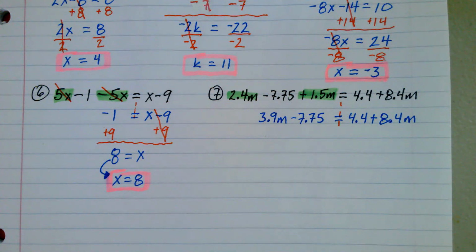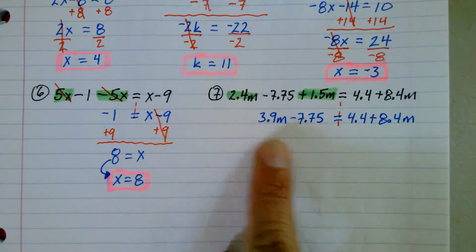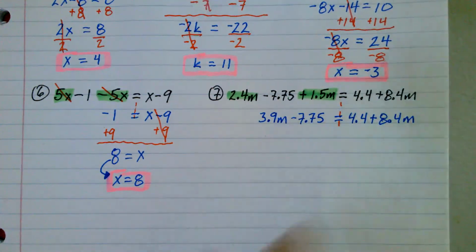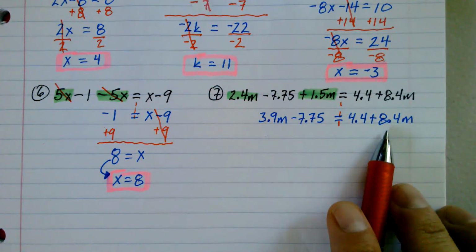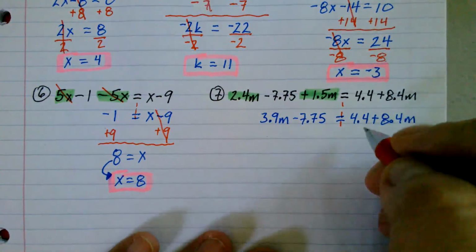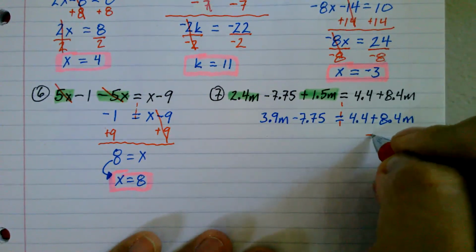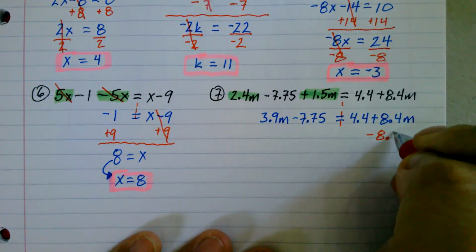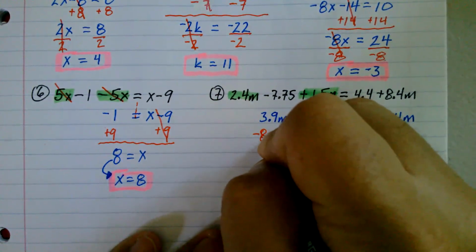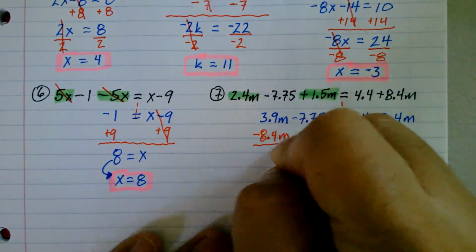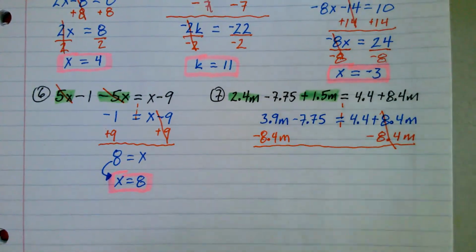Okay. So now, nothing to combine here, nothing to combine there. I got variables on both sides. Okay? If you're okay with it, I would like to get rid of this 8.4 m. You guys okay with that? Okay. So negative 8.4. Okay.